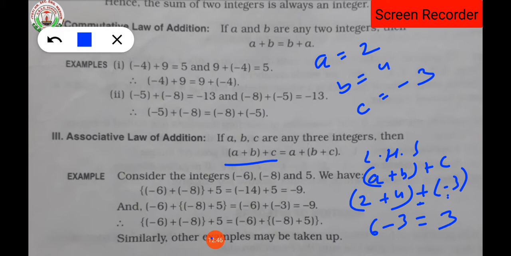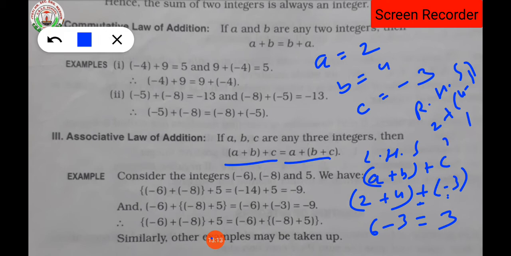Now we will see about the RHS side. Okay, so what is RHS? RHS is this one: a is 2 plus (b is 4, then minus 3). Plus and minus will become minus itself. So minus will come outside the bracket. So 4 minus 3 will be how much?